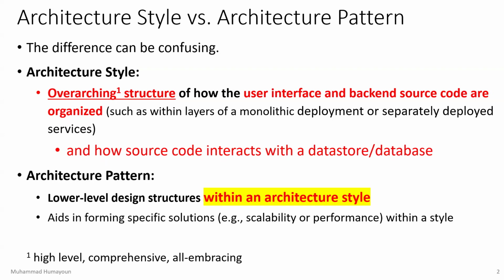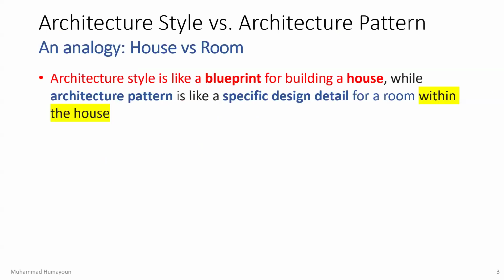Whereas an architectural pattern resides within your architecture style, and it is a low level design structure. It aids in forming specific solutions, for instance, about scalability and performance within an architectural style.